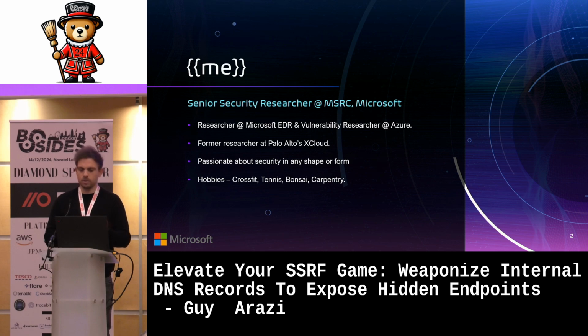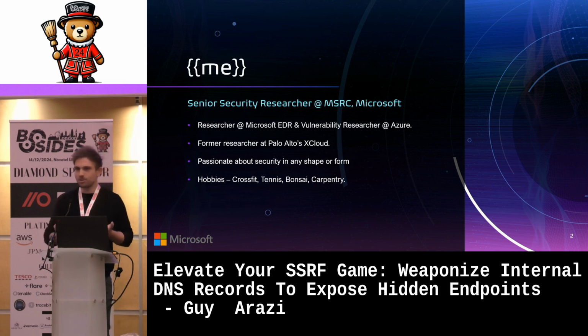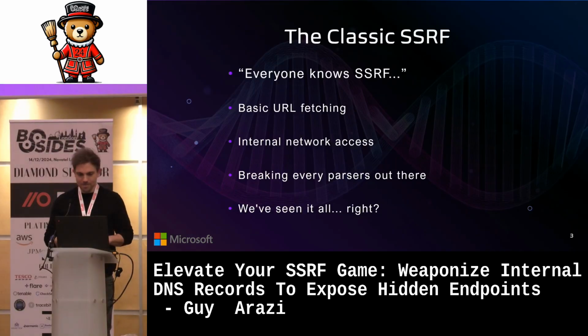I've also been in the EDR research team and other vulnerability research groups like Azure, and formerly Palo Alto. I've been passionate about security, I think, most of my life, and it's something that was always bound in me. I have a few other hobbies that are not security, like CrossFit, bonsai, and other things that are not related. And let's start.